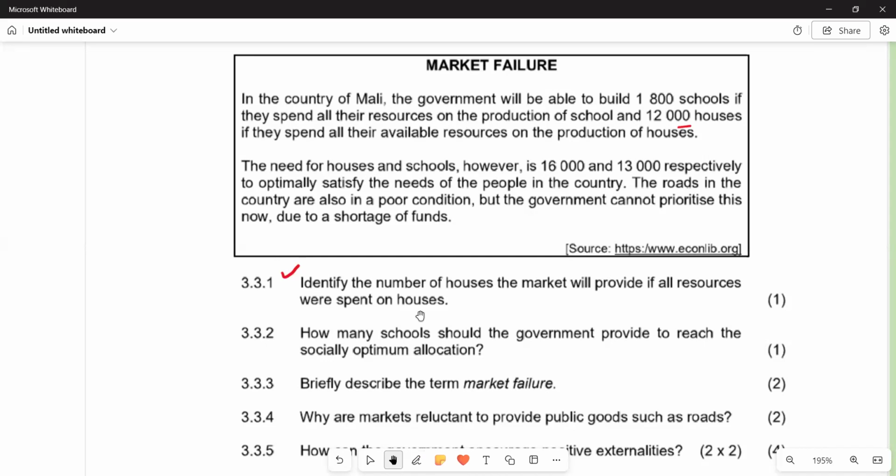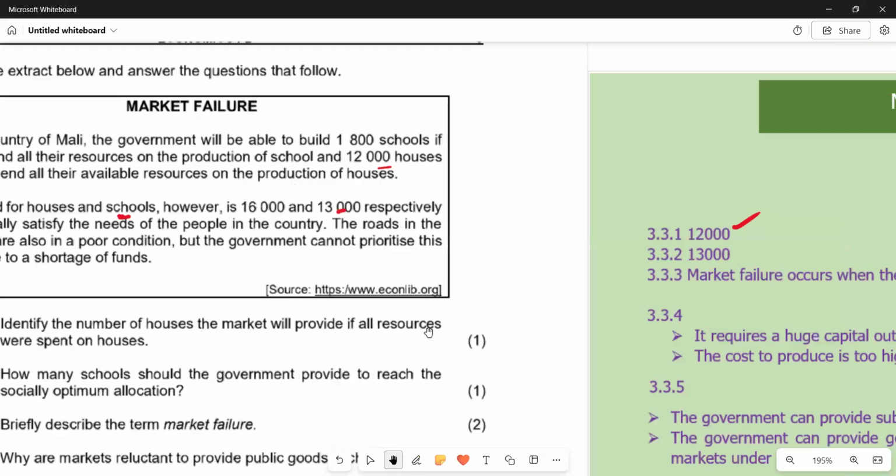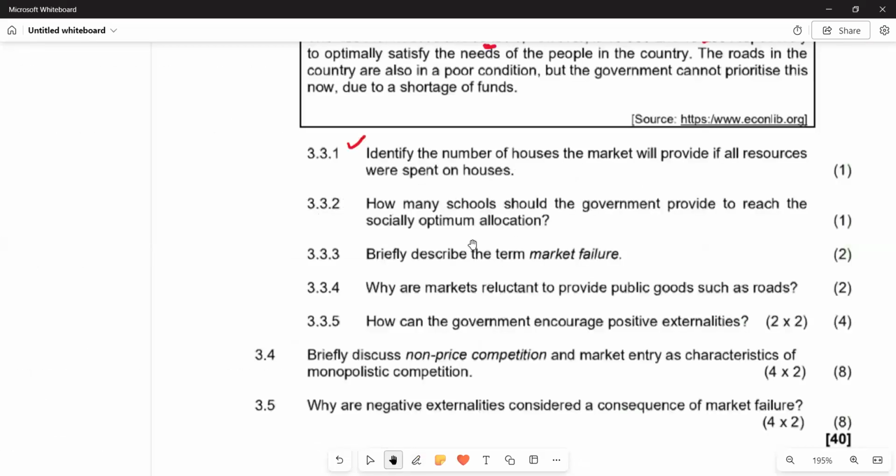According to the information that you are given, we have 13,000 representing our schools. And so we have 13,000 on 3.3.2. If you come here, you'll see the indication of 13,000. Then we can go on to the next question.